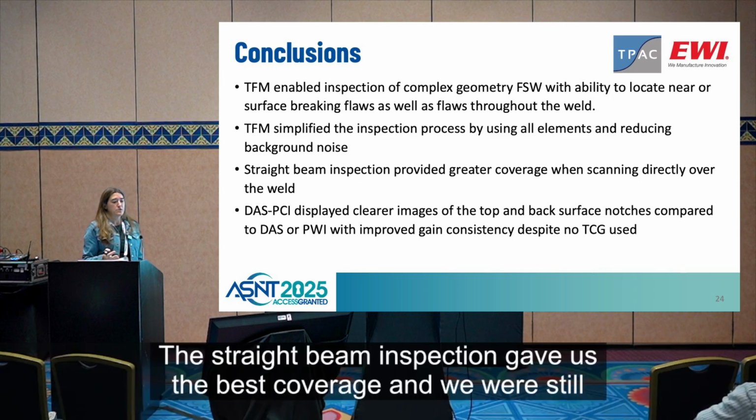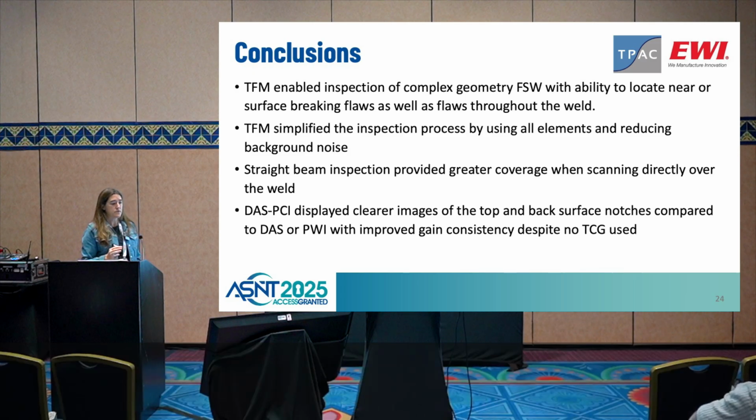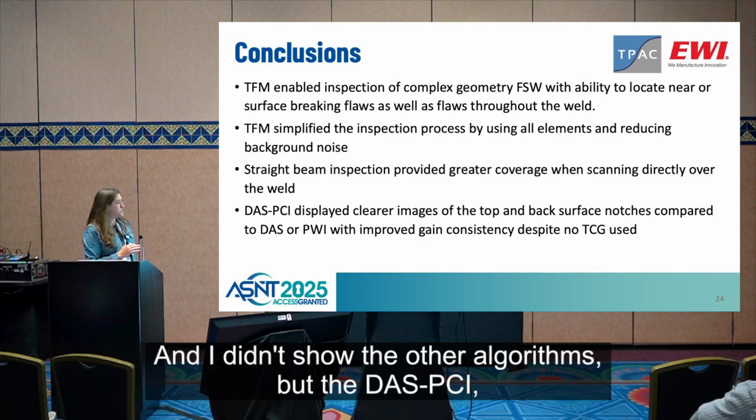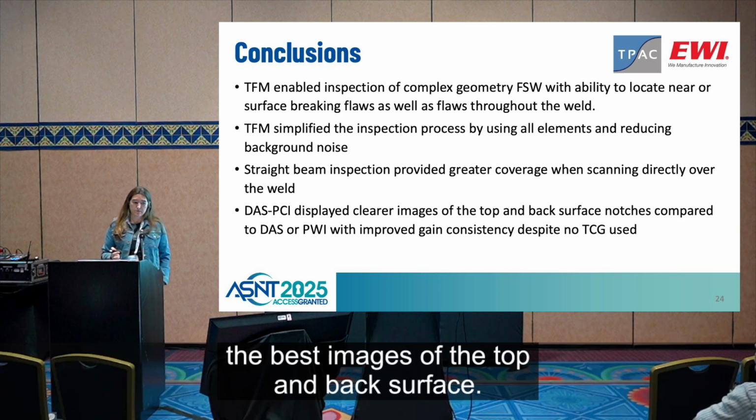The straight beam inspection gave us the best coverage, and we were still able to see all of the linear flaws. And I didn't show the other algorithms, but the DAS PCI, that's the TFM reconstruction with the phase coherence imaging, gave us the best images of the top and back surface.